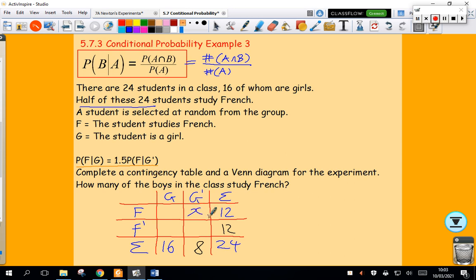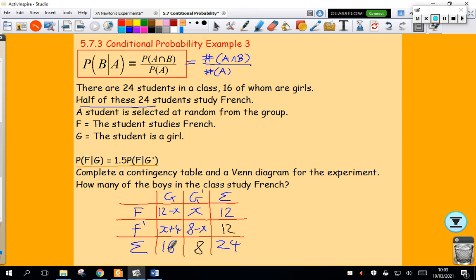Let's call that cell X. We can work out that this would have to be 12 minus X, because together they have to give me 12. This would have to be 8 minus X, because together they have to give me 8. And this one would have to be X plus 4, because together they have to give me 16.